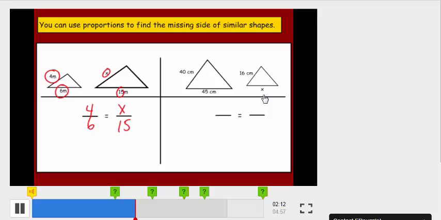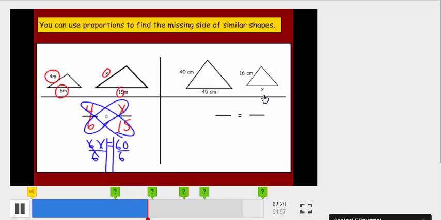Now we can solve that a couple of different ways. We can either use equivalent fractions or cross multiply. I'll cross multiply on this one. So 6 times x is 6x. 4 times 15 is 60. Now we have a nice easy one-step equation. So our missing side would be 10 meters.